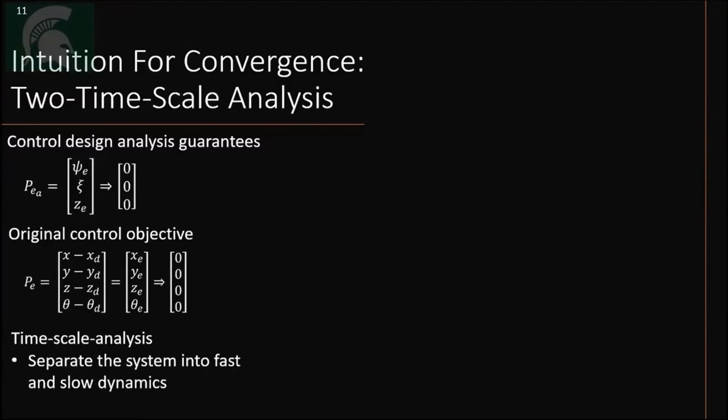It allows us to separate the system into fast and slow dynamics. And one major component is that we can analyze them separately to help prove stability of the entire system. In essence, it lets us analyze what happens to the slow dynamics associated with PE when the fast dynamics associated with PEA goes to zero.